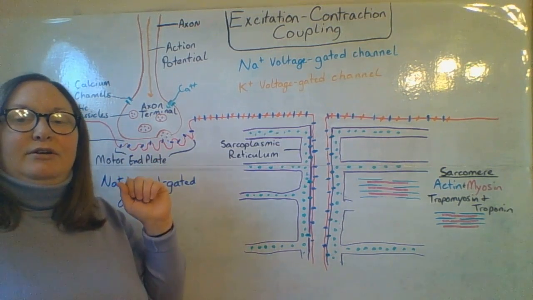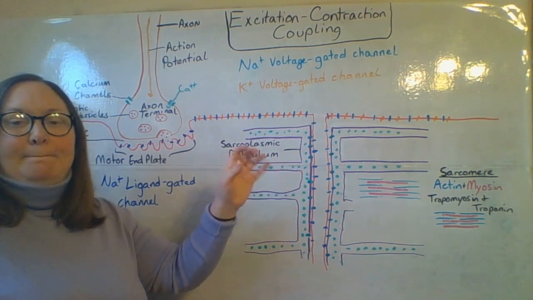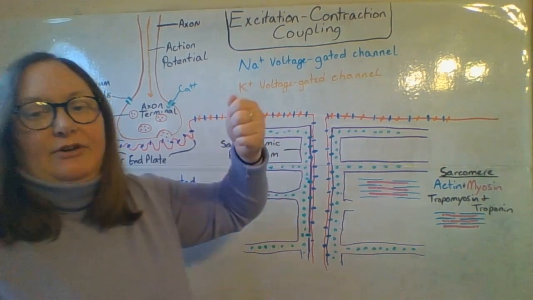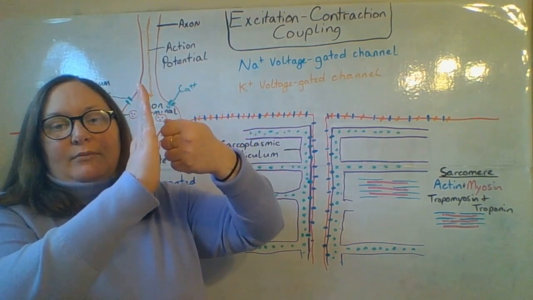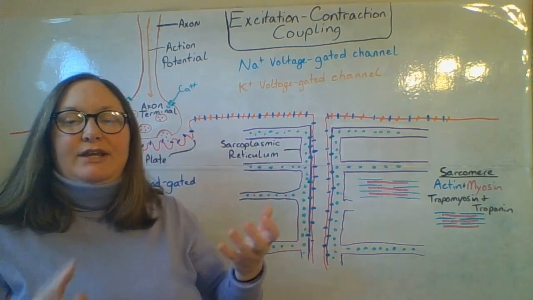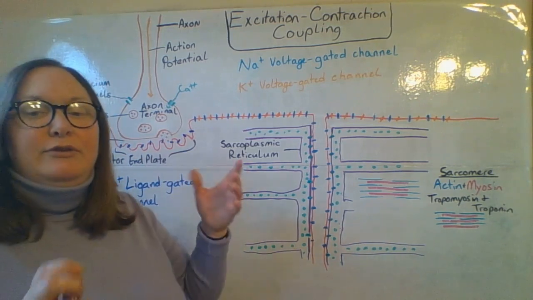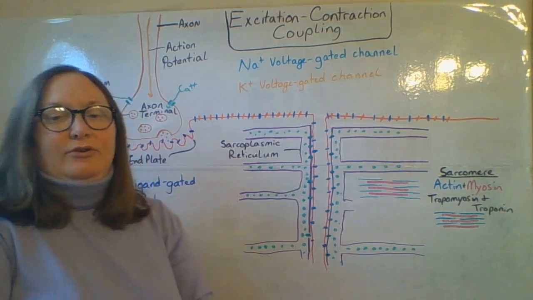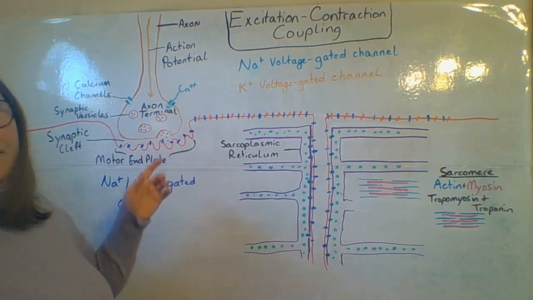Wherever an axon terminal ends and talks to something else, that's a synapse. So here's my axon terminal. Here's my other cell. So we have a synaptic cleft, the space between the axon terminal and whatever it's talking to. In this case, it's a muscle cell.